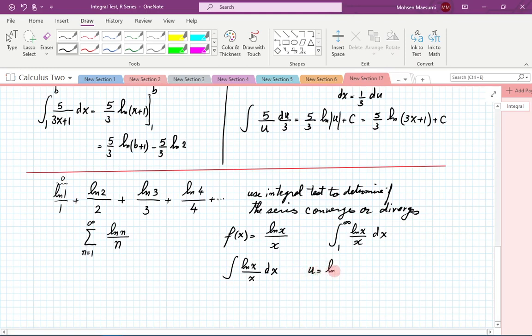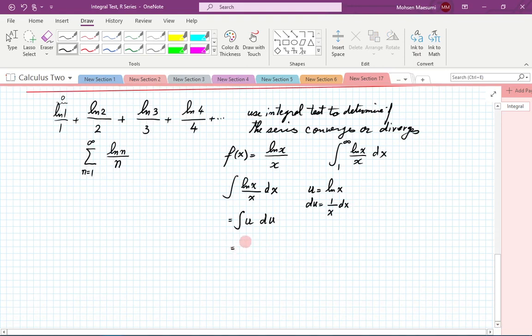Simple substitution will do the job here, because if you take u to be logarithm of x, then du is simply 1 over x dx, and our integral simply becomes the integral of u du. The antiderivative of that is u squared over 2 plus c.